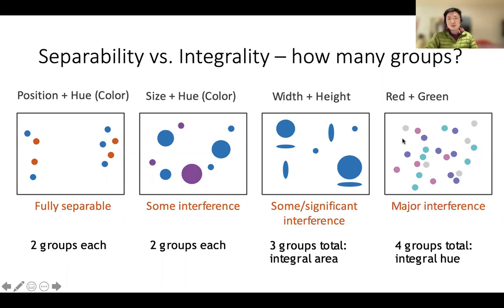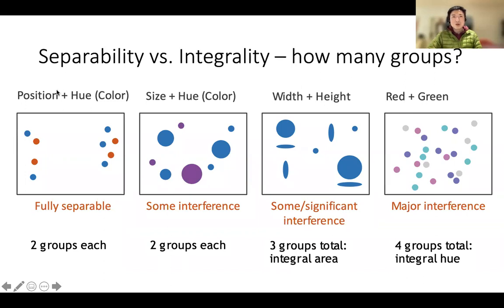You only see different colors, that's all. So that means there's a major interference between these two channels, and as a result this is not separable at all. You cannot see this as two different ways of representing two different attributes. You're probably just seeing this as representing one attribute using color.